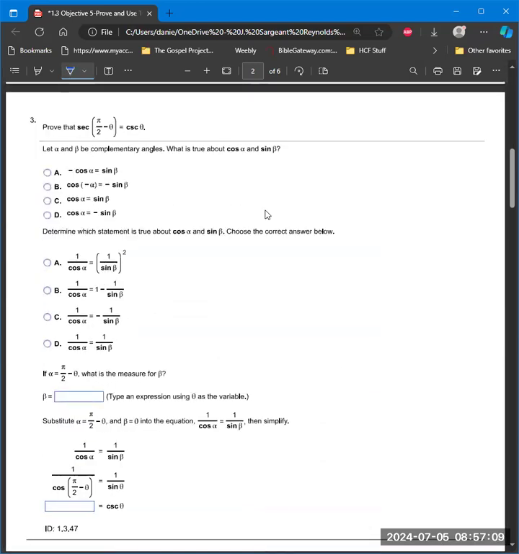Prove that secant of pi over 2 minus theta is equal to cosecant theta. It's a co-function identity there.